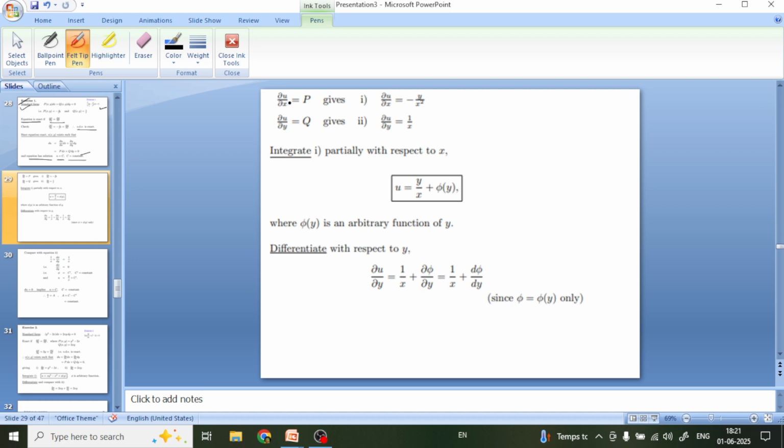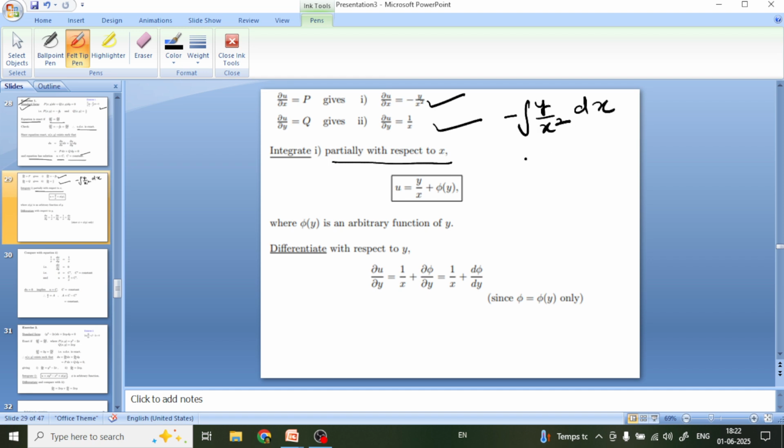Now the partial derivative of u with respect to x is equal to P, and the partial derivative of u with respect to y is equal to Q. This is given as minus y over x square, and this is given as 1 over x. When we integrate partially with respect to x, we will find y over x plus phi(y). How? You can see here, minus y over x square.